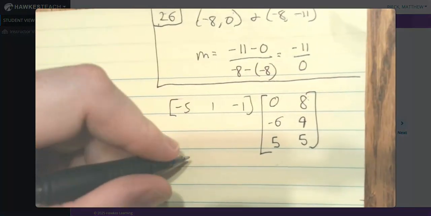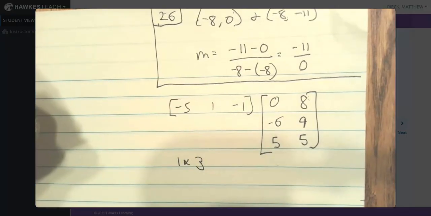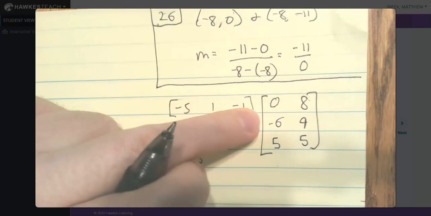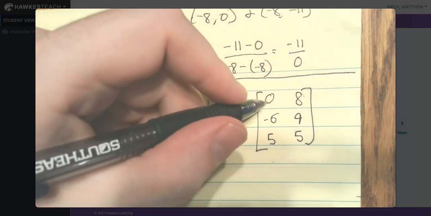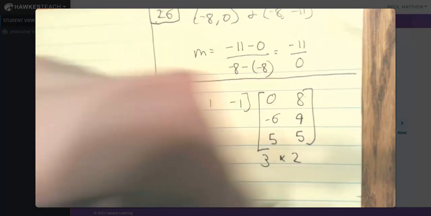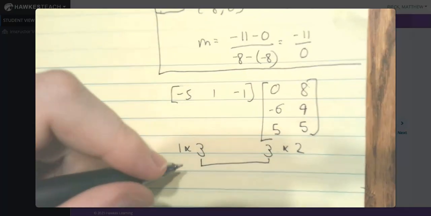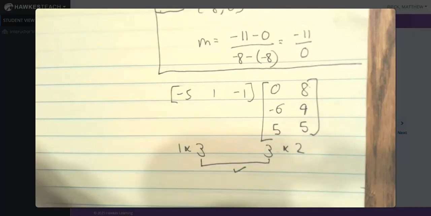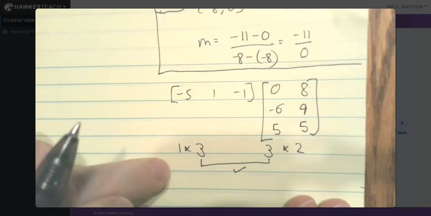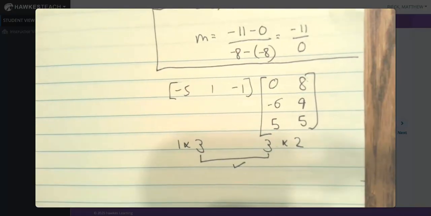This first one is a 1 by 3, so 1 row, 3 columns. And here we have 3 rows by 2 columns. In order to multiply, your 2 inner dimensions need to be the same. So the product is going to exist, and it is going to be a 1 by 2 matrix.